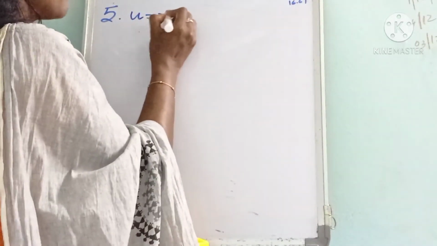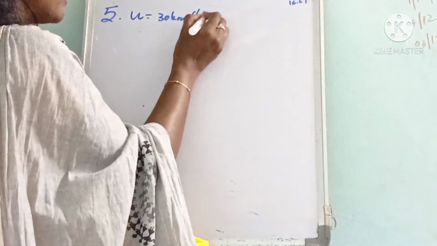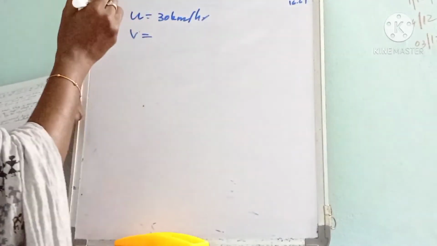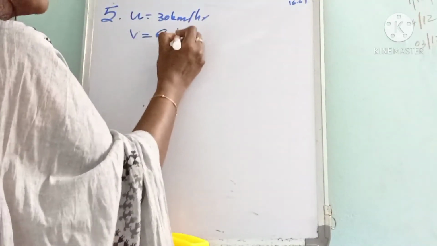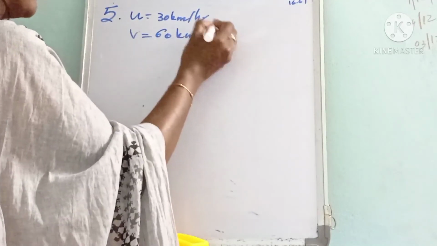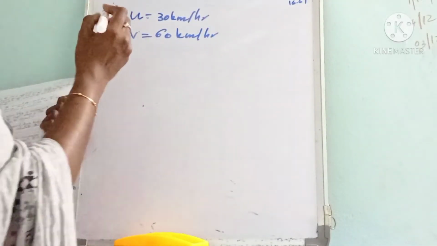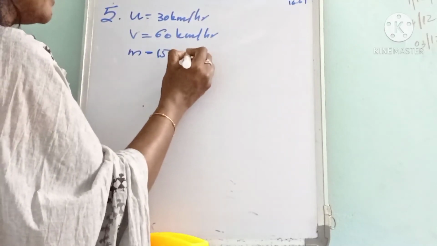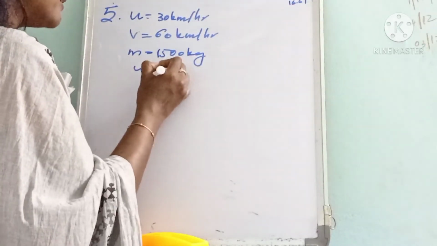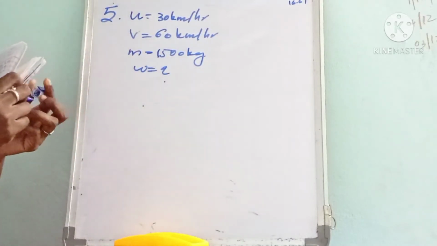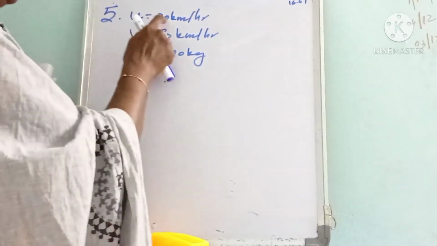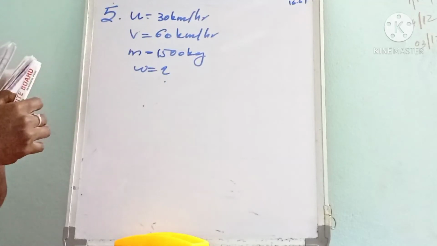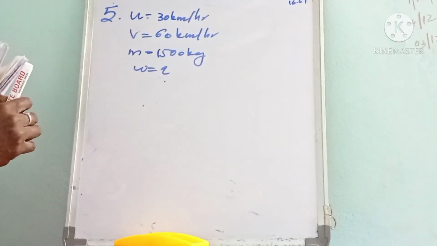So its initial velocity u equal to 30 km per hour to a final velocity v equal to 60 km per hour. Then the mass of the car is m equal to 1500 kg.